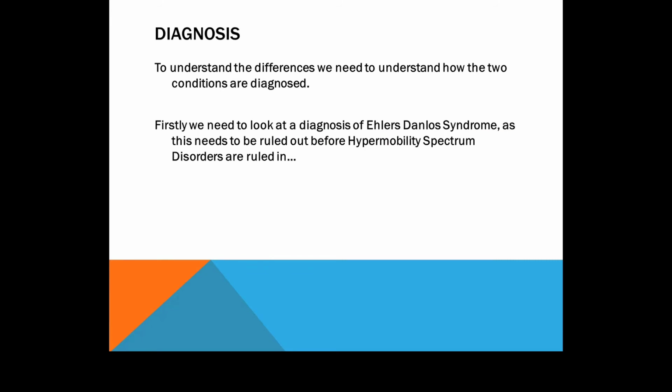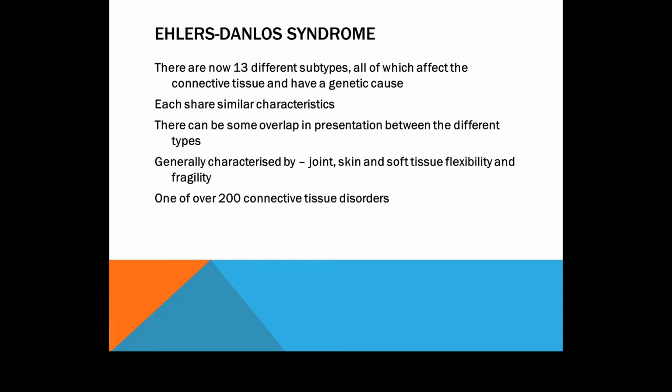So looking at diagnosis, to understand the differences between the conditions, we need to look at how they're diagnosed. So firstly, let's look at the diagnosis of Ehlers-Danlos syndrome, because this needs to be ruled out before a diagnosis of hypermobility spectrum disorder is ruled in. So Ehlers-Danlos syndrome, there are now 13 different subtypes, all of which affect the connective tissue, and they're all thought to have a genetic cause.